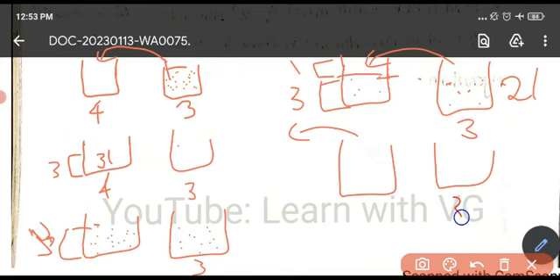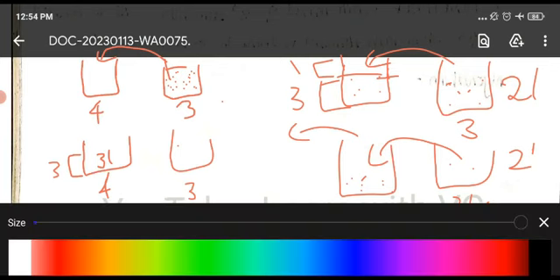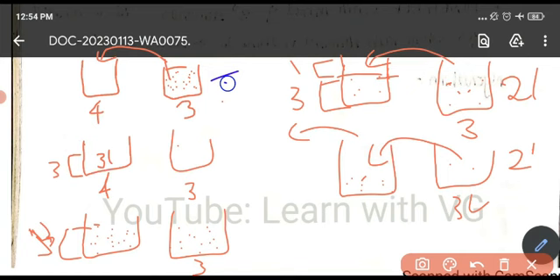Okay, I will explain it once again. First fill the 3 liter jug with 3 liters. Pour this 3 liters of water into the 4 liter jug. Now you have 3 liters in the 4 liter jug, and the other is empty. Now again fill the 3 liter jug. Now you have 3 liters on both sides.